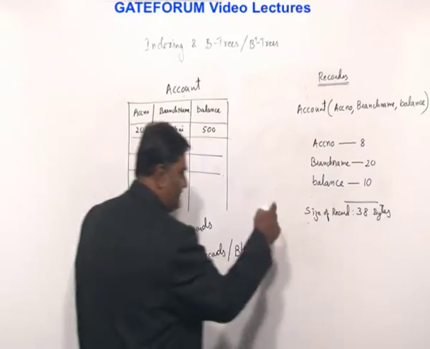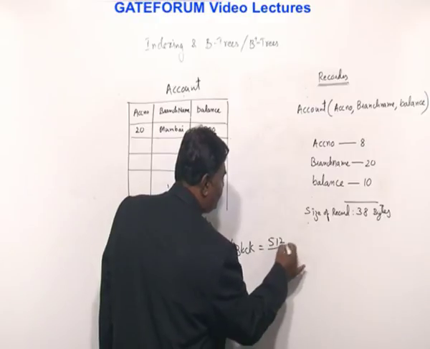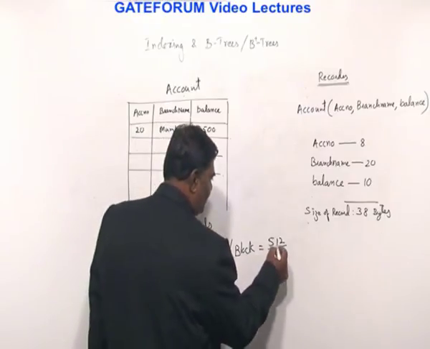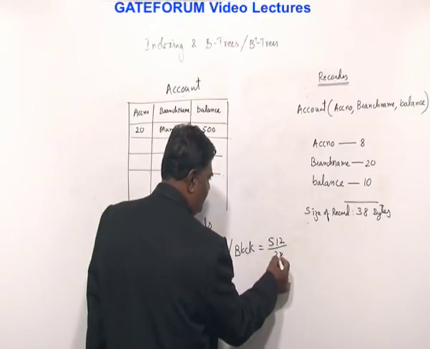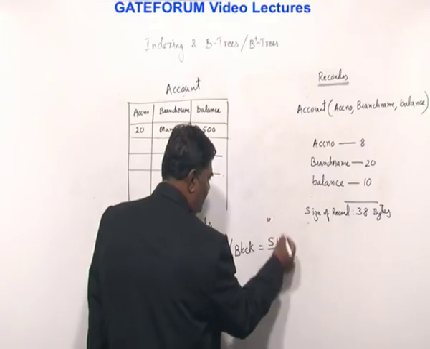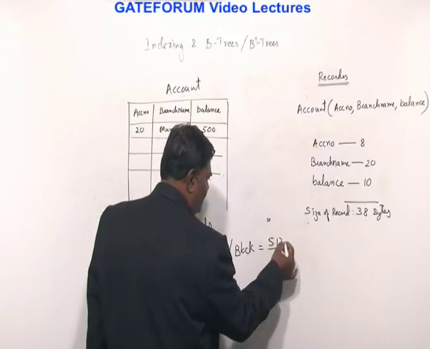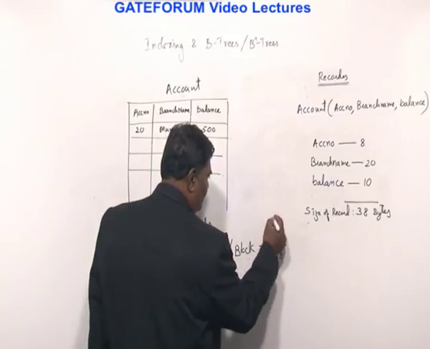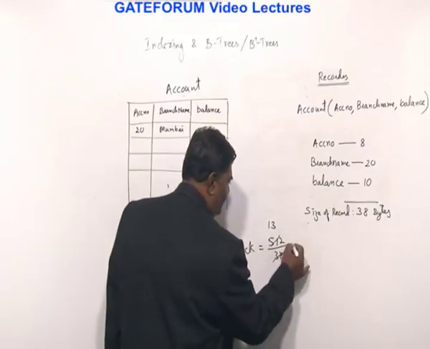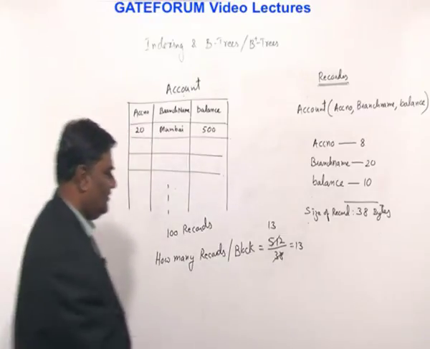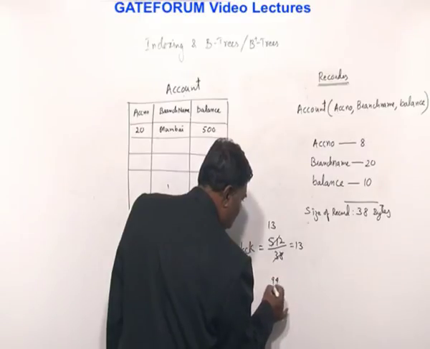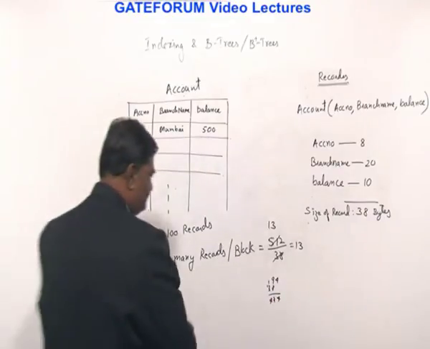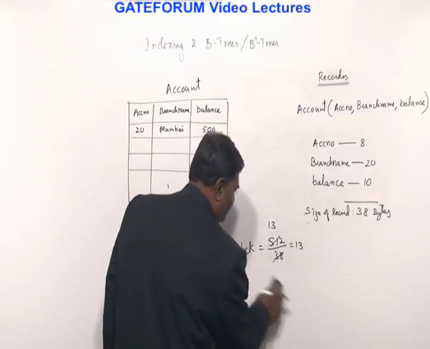If 38 is the size and 512 is the block size, how much will it be? About 13 or 14.